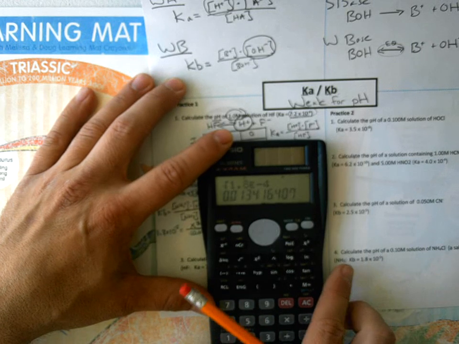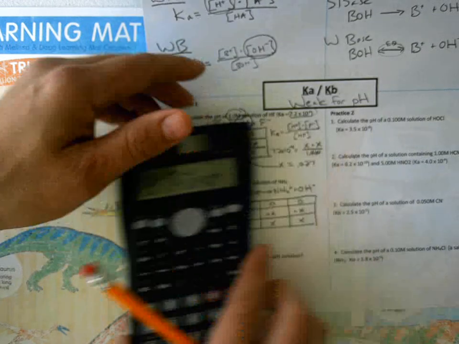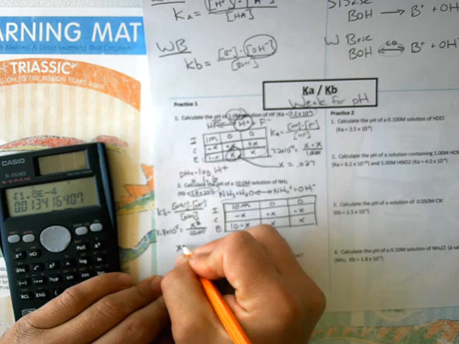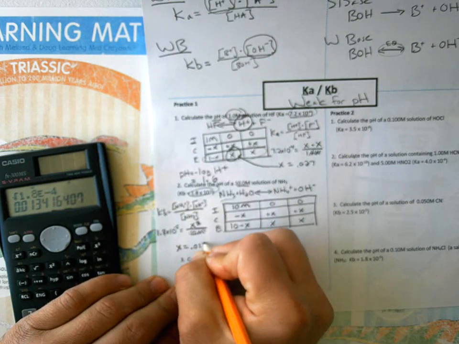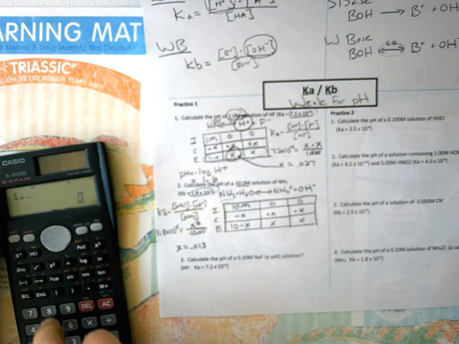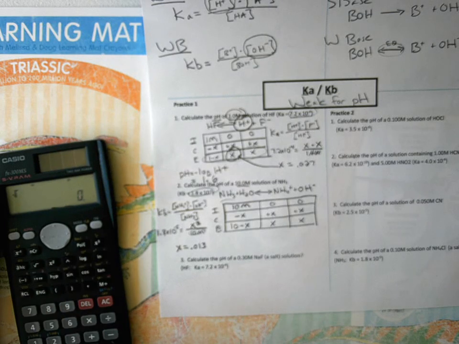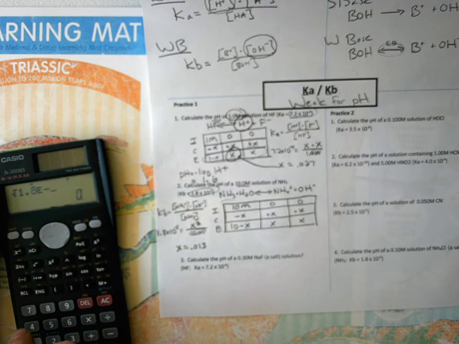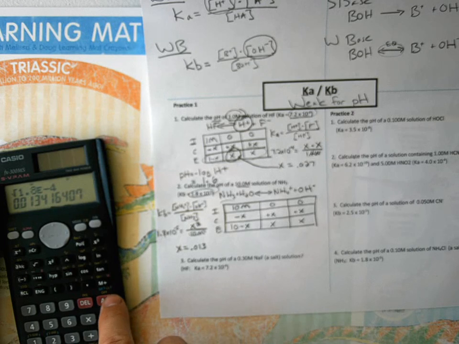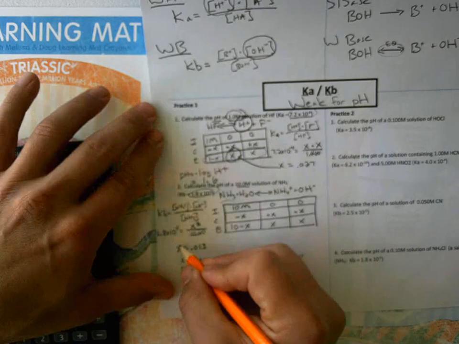And we get 0.013. I'm just going to check that again one more time. The square root of 1.8e minus 5 times 10, yeah, 0.013. And now, what does this X represent?